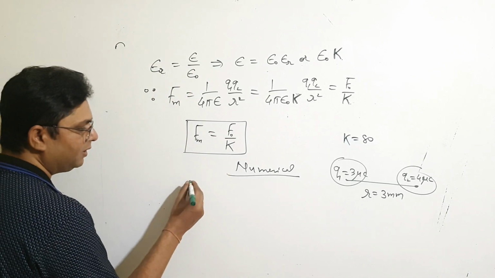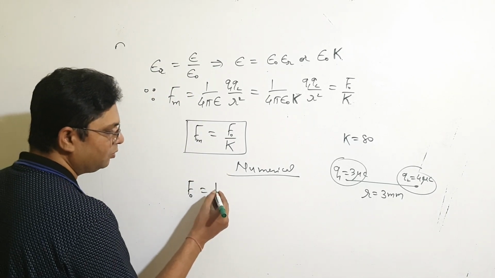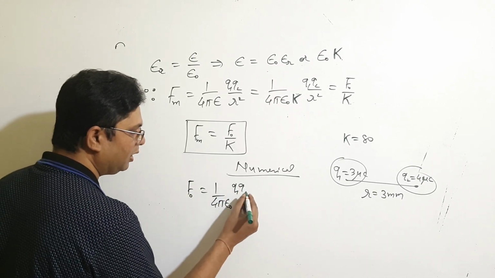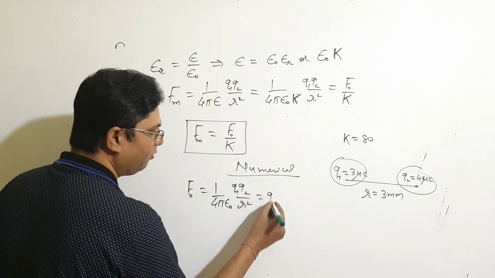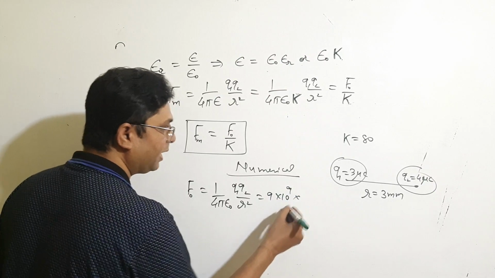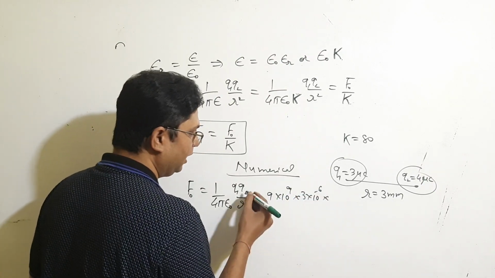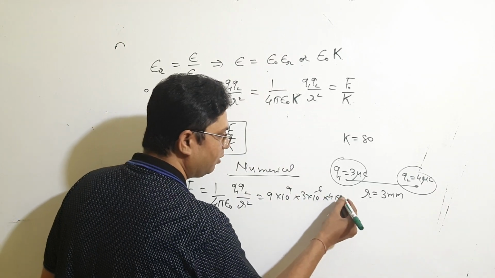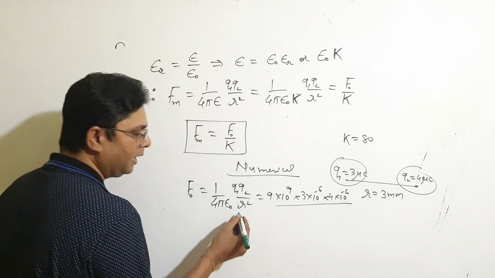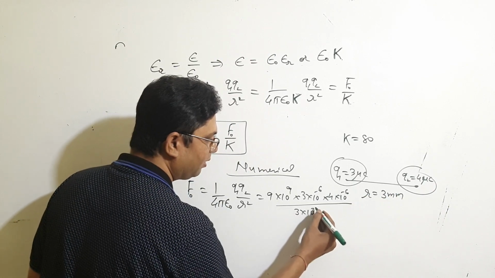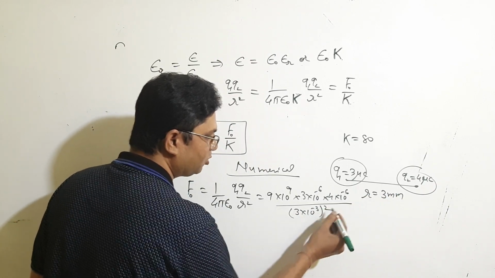So you have to find first F naught. F naught is equal to 1 by 4 pi epsilon naught Q1 Q2 upon r square, which is 9 into 10 to the power 9. And Q1 is 3 into 10 to the power minus 6. Q2 is 4 into 10 to the power minus 6. Here r is 3 mm, which means 3 into 10 to the power minus 3 in meter, whole square.